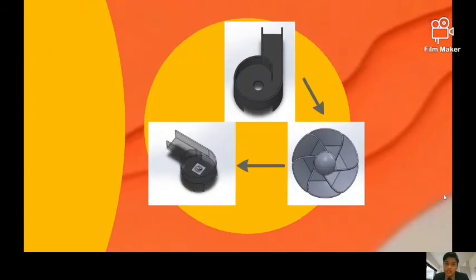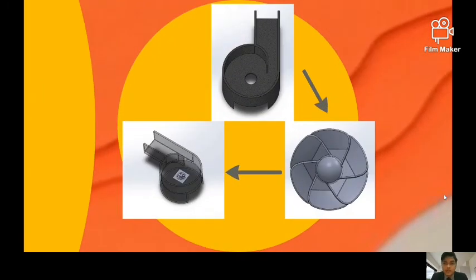As you can see here, the top is the turbine, the second is the blade, and lastly is the fully complete micro hydro turbine with blade.